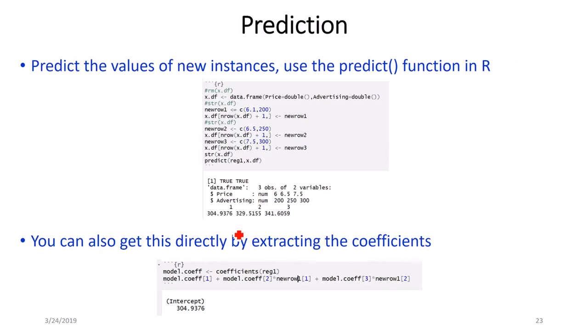To predict the target values for new instances, we use the predict function. This R example shows we created a data frame and added 3 instances to the data frame, and then called the predict function to predict target values for those 3 new instances.